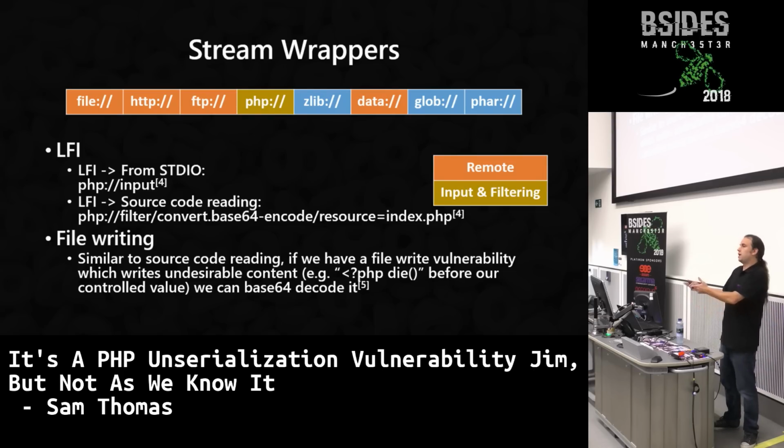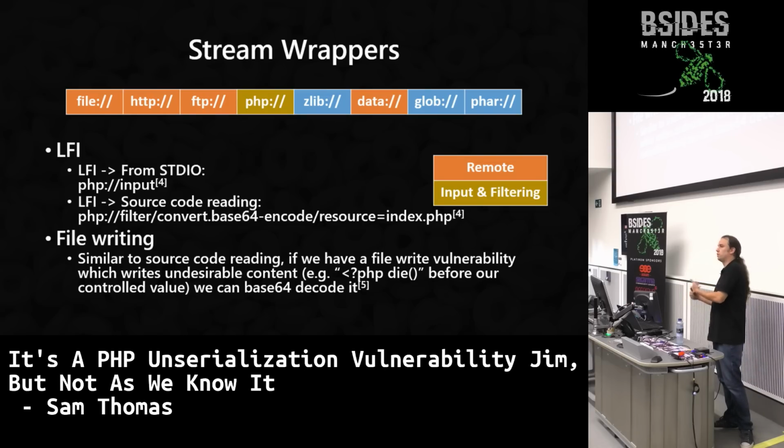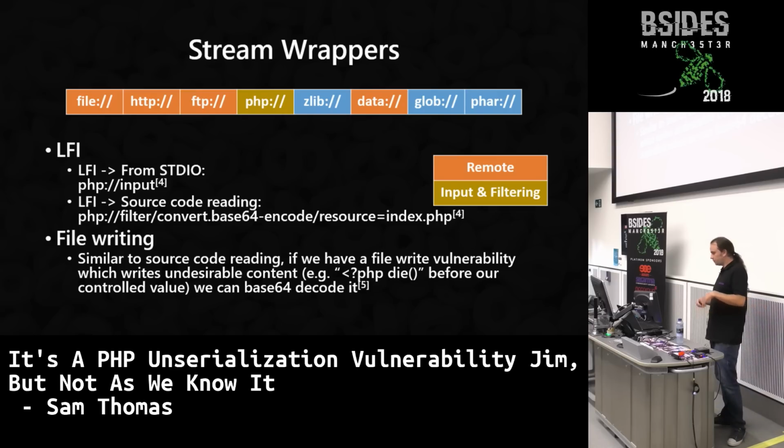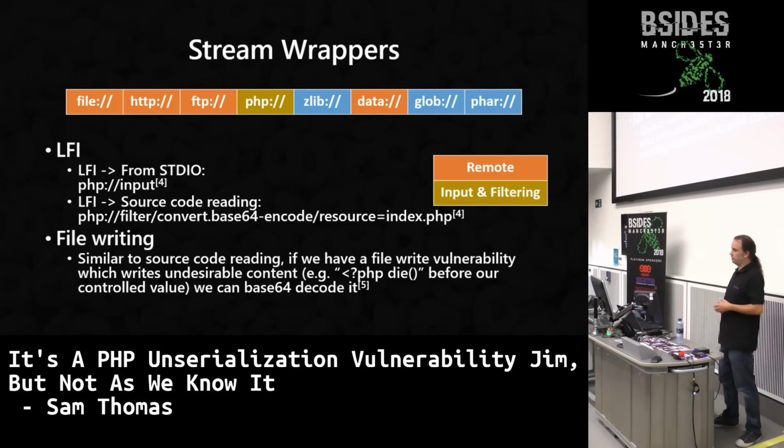So if we included a PHP file from another PHP file, it's going to try and run that. But if we want to read the source code, we can base64 encode that, then include it. And then on our end, we can base64 decode that and read the source code. Stefan Esser used a really neat variation of this on one of his early unserialization exploits.